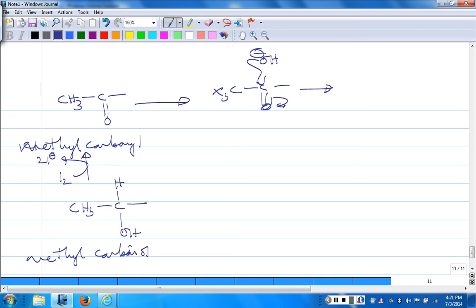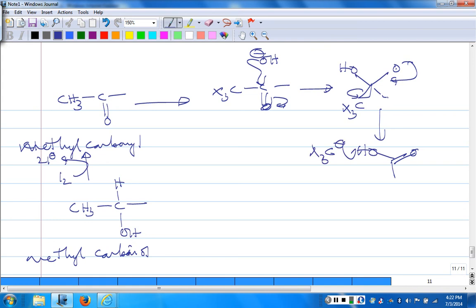I'll make my species, let's say O minus, OH, CX3, and whatever was here, this comes back, kicks that out, and I make my carboxylic acid, my CX3 minus, which pulls off the proton and gives me my haloform and my carboxylate.